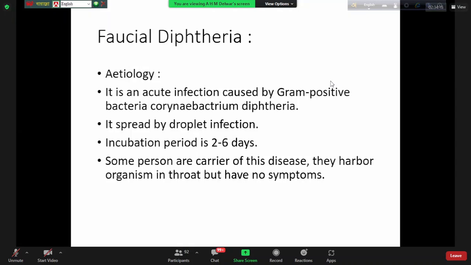Faucial diphtheria, most important. Etiology: it is caused by a gram-positive bacterium, Corynebacterium diphtheriae.